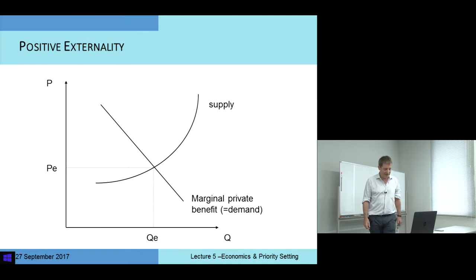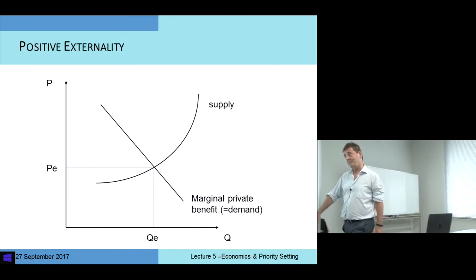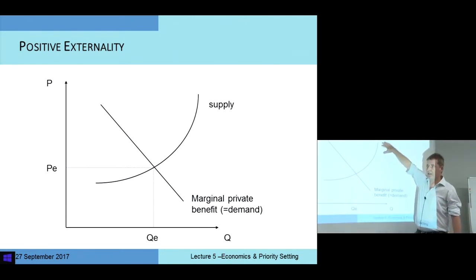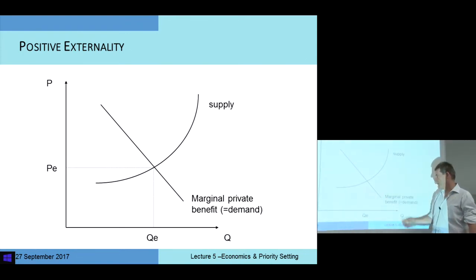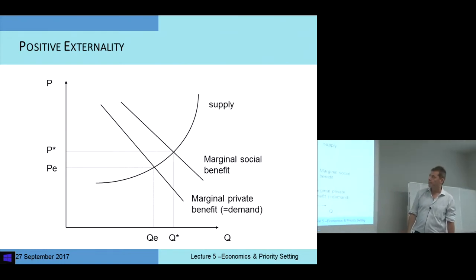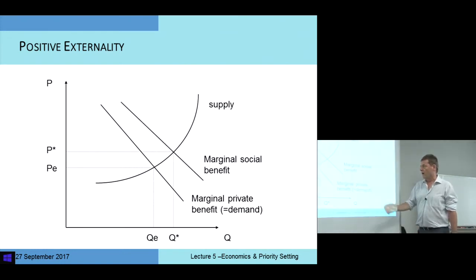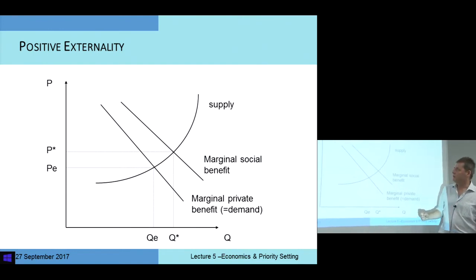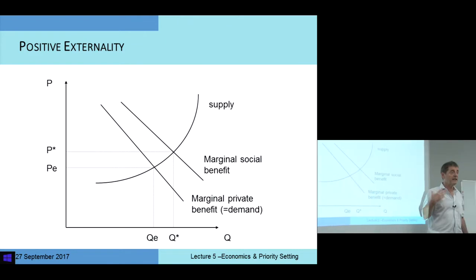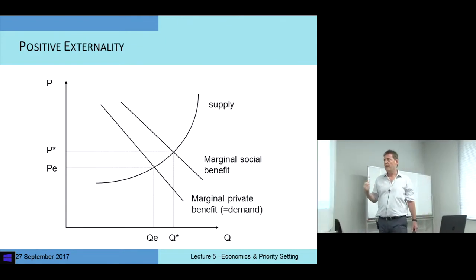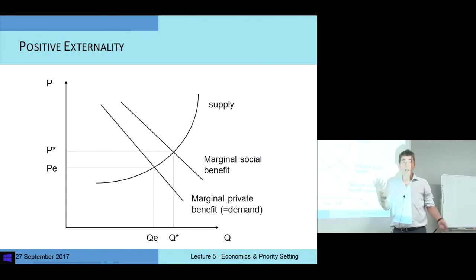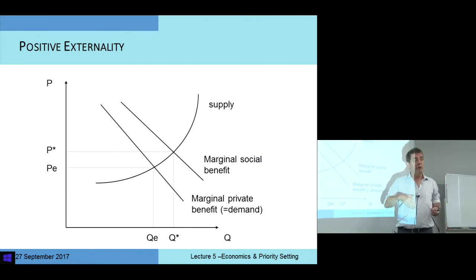I can give you another graph. Positive externality, again: higher price, greater quantity supplied; lower price, greater quantity demanded. Imagine an individual thinking about, suppose the Q here is vaccinations. If we left it all to the market, individuals would look at the price of obtaining a vaccination.